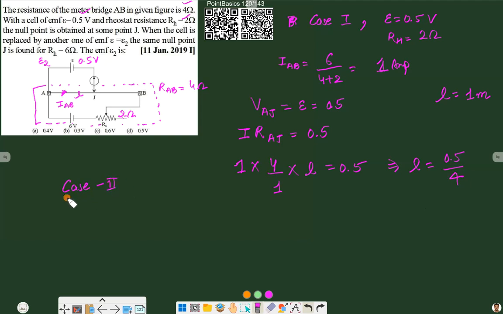Now coming to case 2, what do we have? E is equal to E2, so we don't know the value of E2, and RH is equal to 6 ohm, and the balancing length is the same.